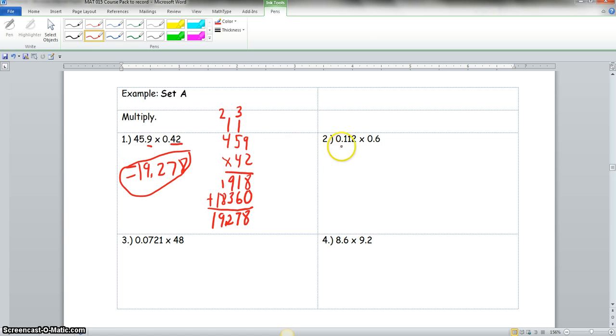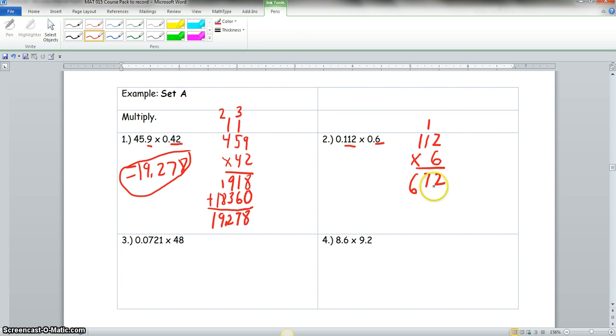Okay, now we go to number 2. Again, we drop those decimals. So we have 112 times 6. 6 times 2 is 12. We carry our 1. 6 times 1 is 6, plus 1 is 7. And 6 times 1 is 6. Now we count how many digits we have behind the decimal. We have 3 here and 1 here, so we have a total of 4.